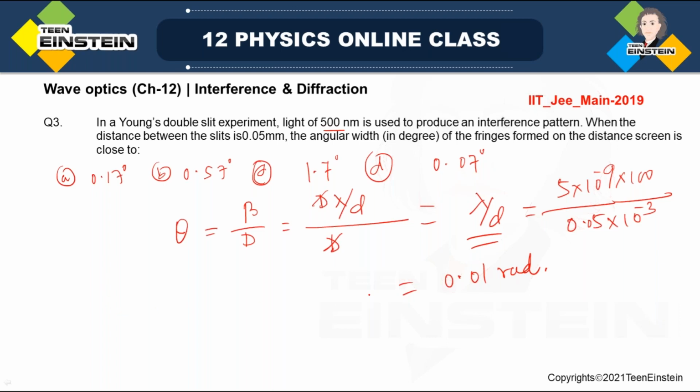So radian can be converted into degree. Pi radian is 180 degree, so 1 radian means 180 degree by pi, and multiplied by this much, 0.01.